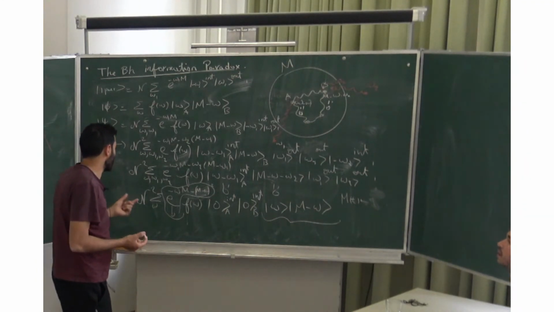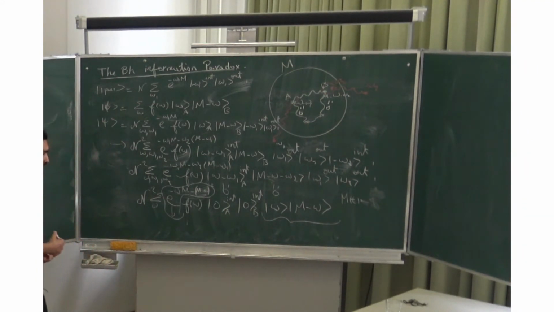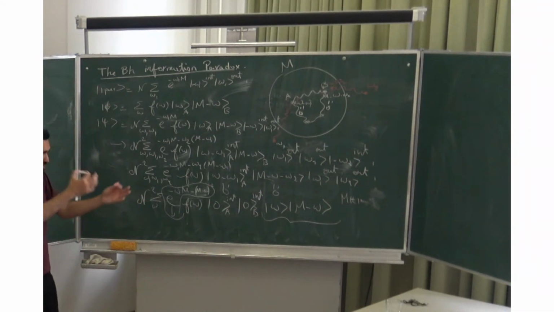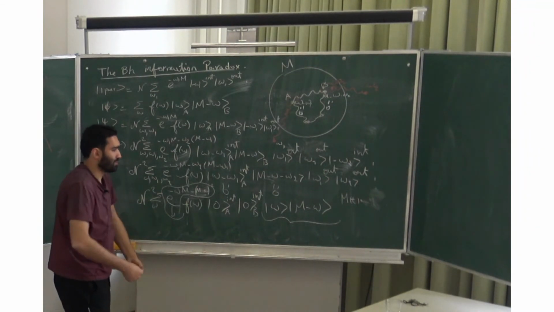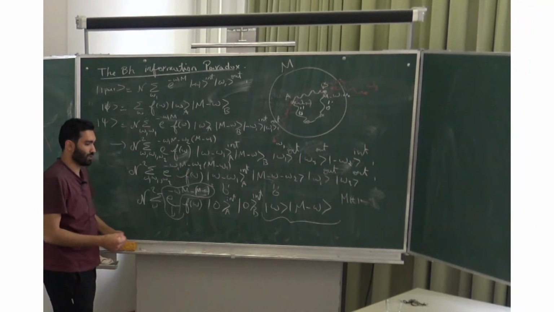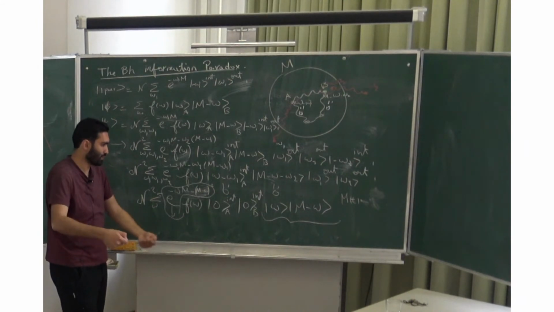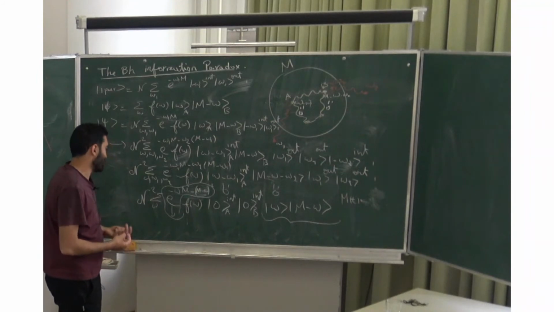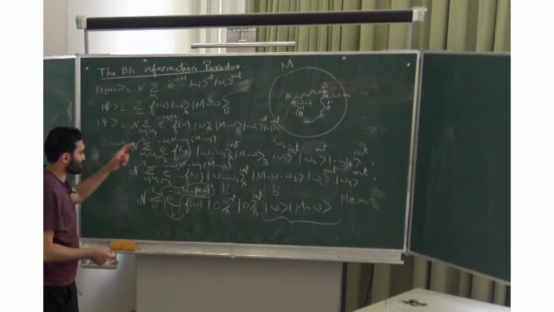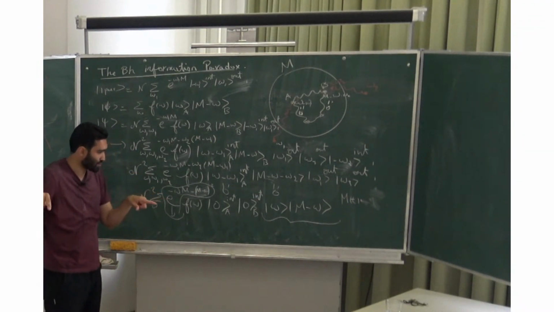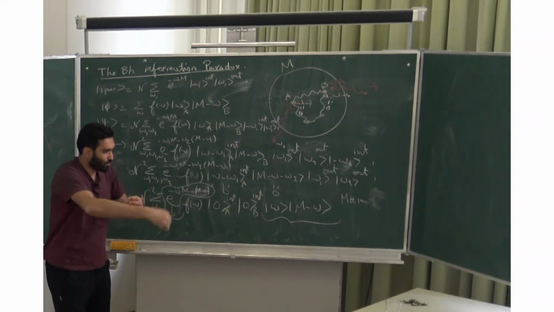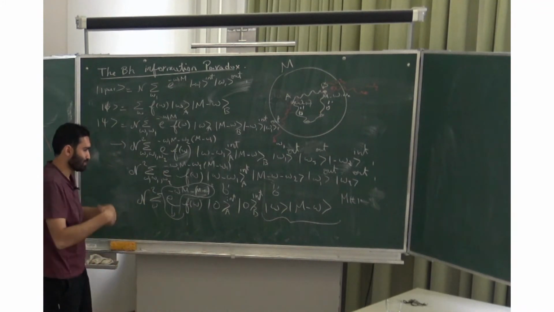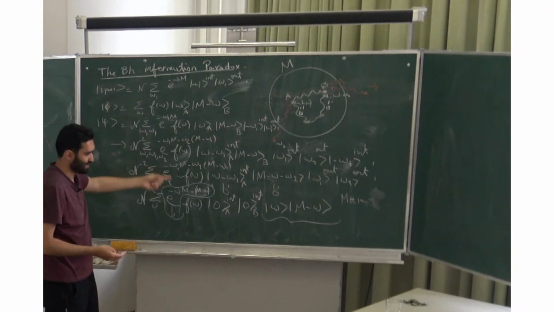Here, at an early stage, if you don't wait long enough, the evaporation is one out of many other possibilities. So it's like making a Bell projection on your pairs, and you don't know what the outcome will be, or whether there will be entanglement swapping or not. But at a later stage, you know that each branch of the superposition will eventually emit more particles and reach full evaporation, so you know this will actually be at the end.